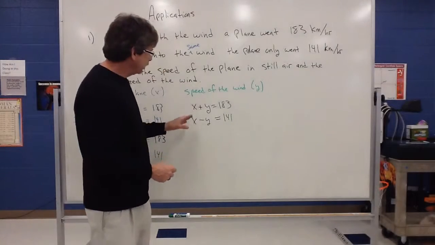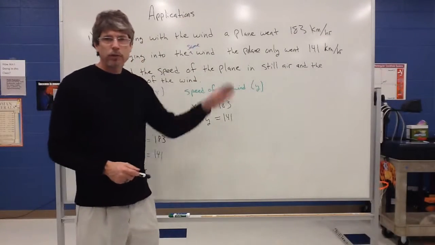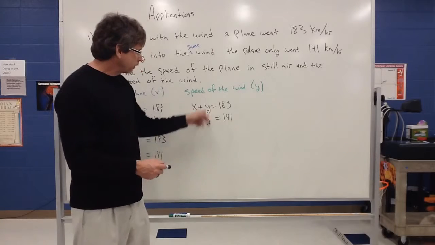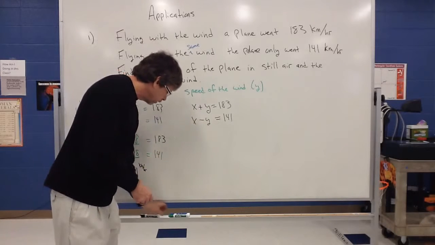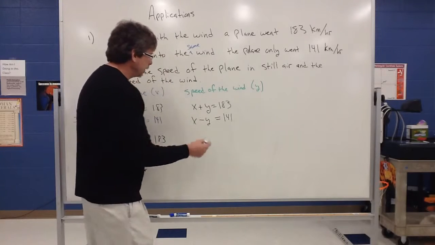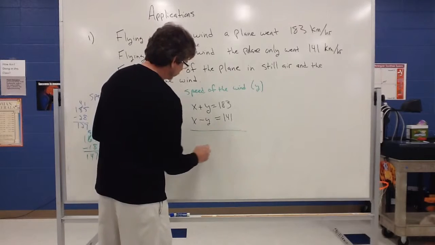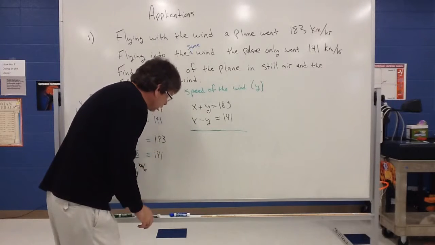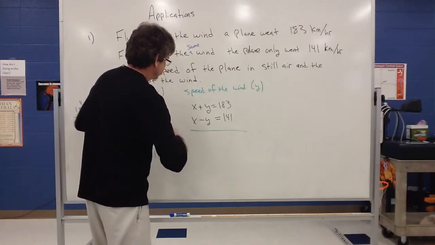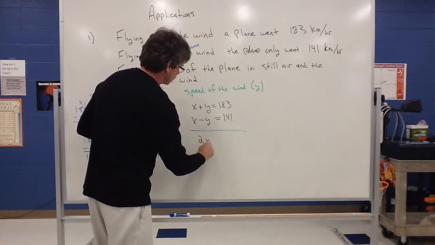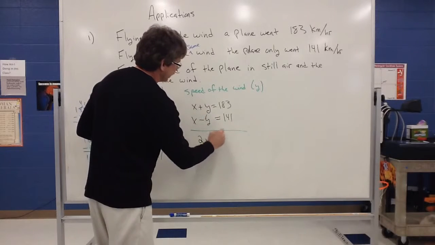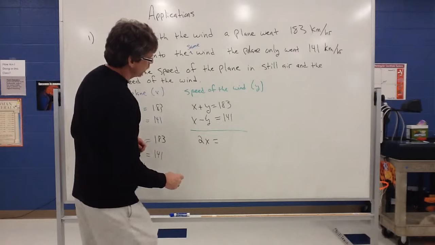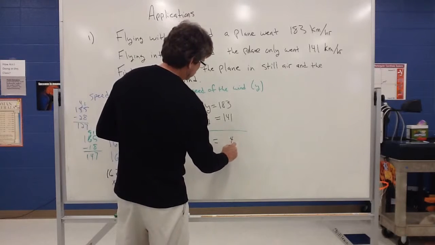And what jumps out at me is if I add these together with the elimination method, the y's are going to eliminate. So I think that the elimination method is a very good tool for this, because then I can see that 2x, this zeroes out, and that's going to become 324.